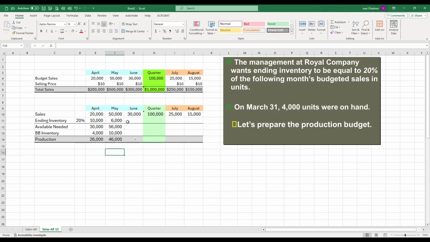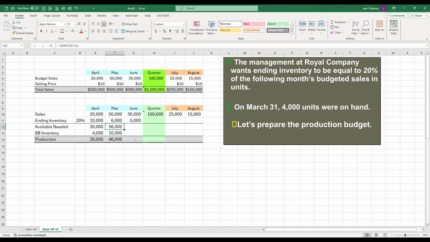So 46,000 production. Next month, in June, I need to sell 30,000. But I need to have 20% of the following month's sales. Which is the following month after June? July, so 25,000 times 20%. So I need to have 5,000.